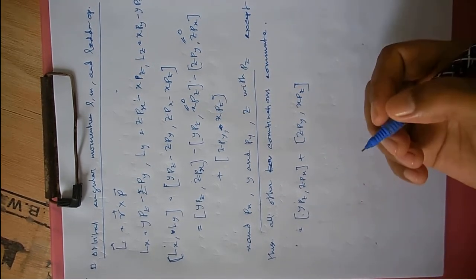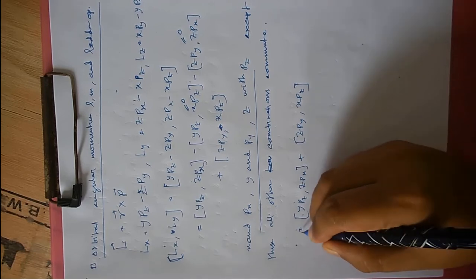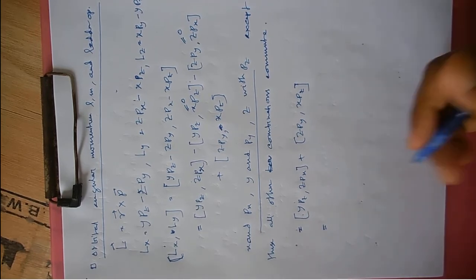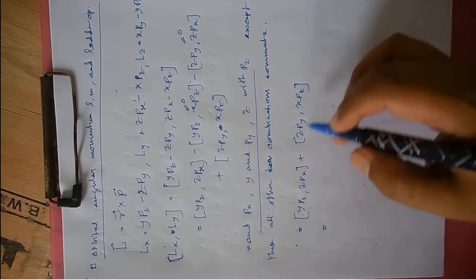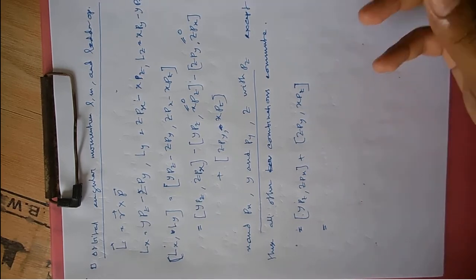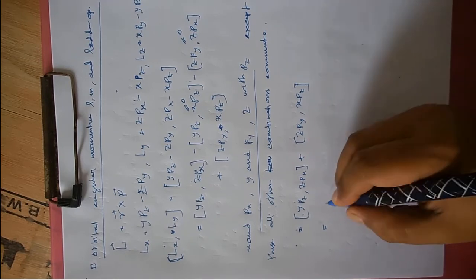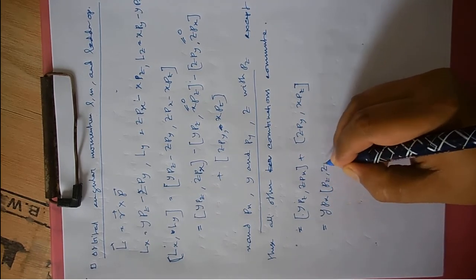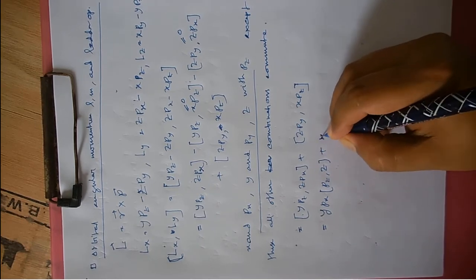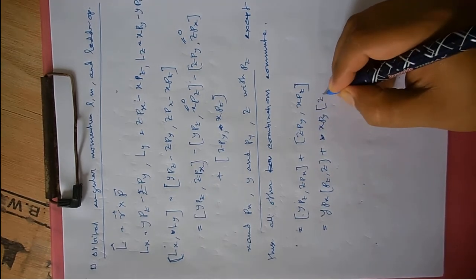I will not do all the rigorous calculations, I will just write the result. If you expand this equation and reform it, finally you will get an equation like this. You can do it yourself: x py, z pz.